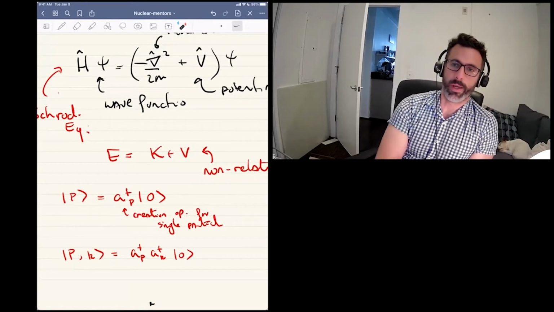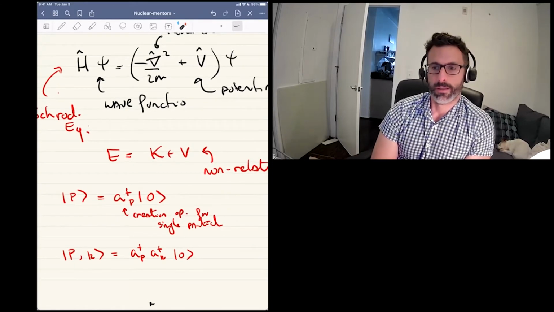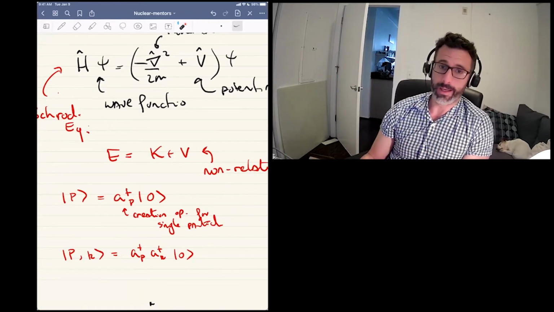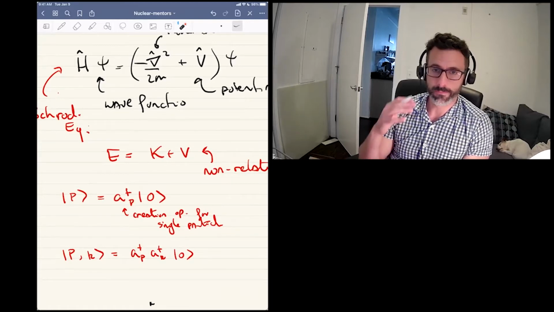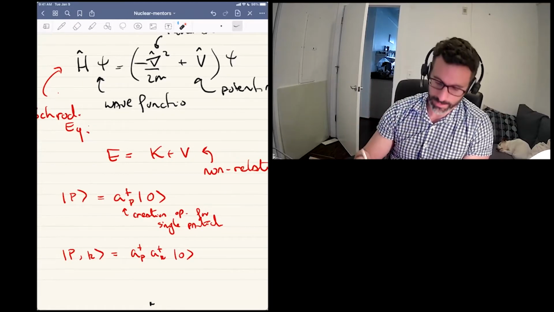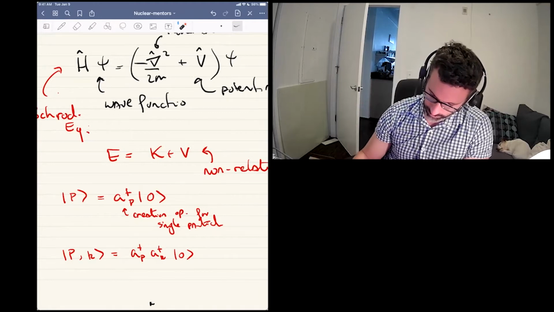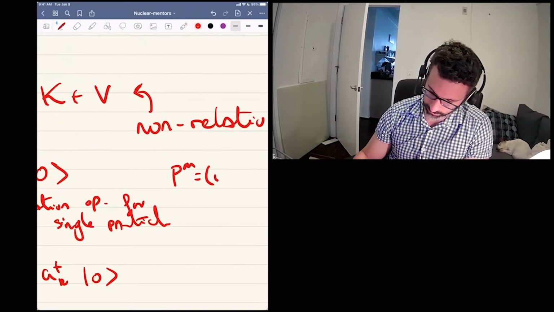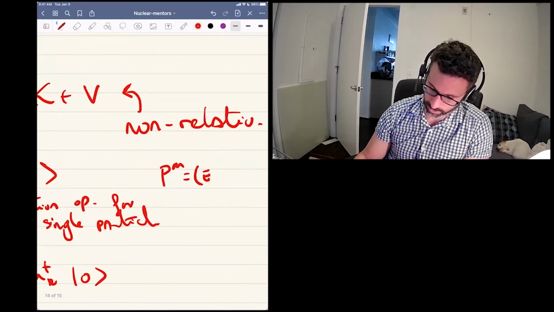So you can define fields that are in energy space or momentum space. What I mean by four-momentum is Einstein's four-momentum, where you can treat a momentum as a four-dimensional object with the zero component being the energy, and then the other ones being the momentum along the x, y, and z direction.